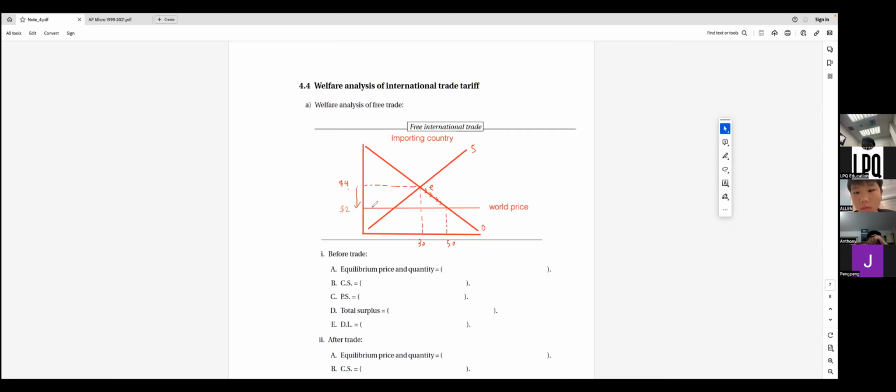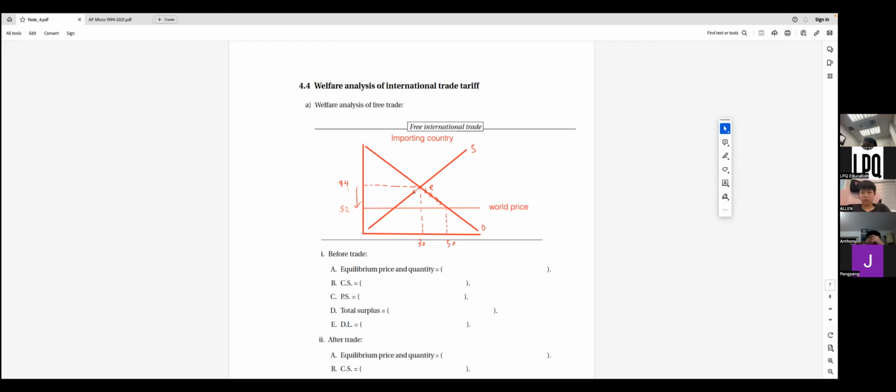You can understand that the domestic manufacturers will suffer from a free international trade policy because Canadian manufacturers cannot compete with the Chinese producers. The production cost here in Canada is so high, relatively speaking, higher than the production cost in China. So Canadian producers have no conditions to compete with China, right?